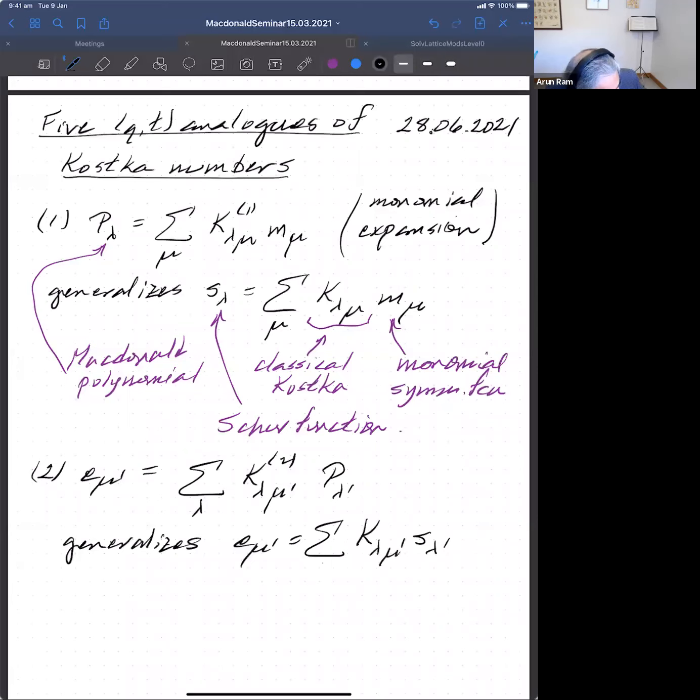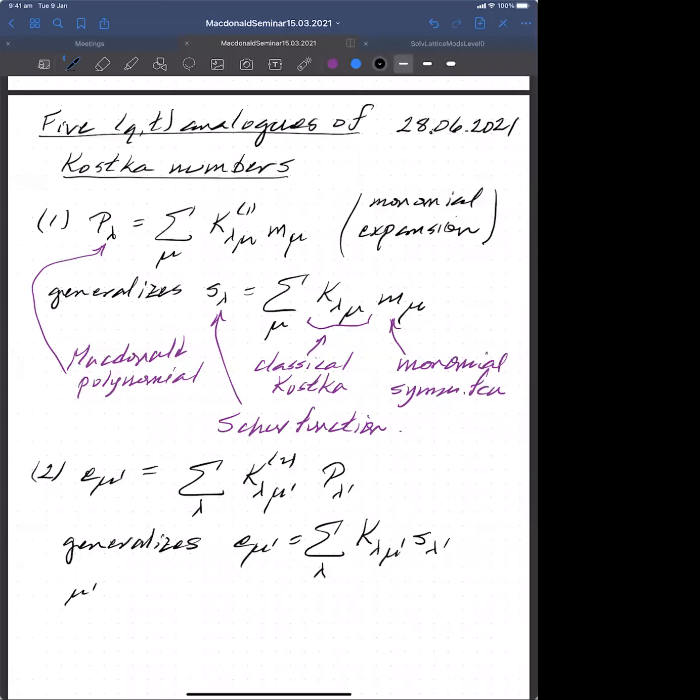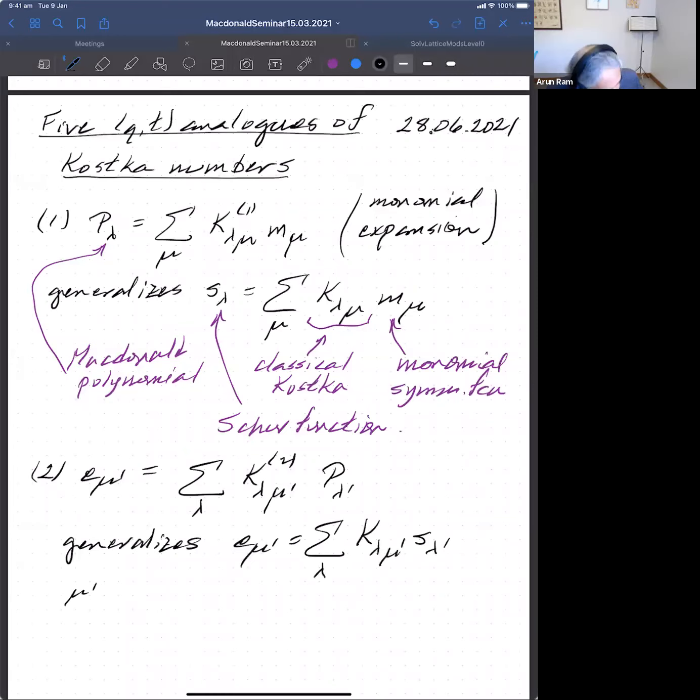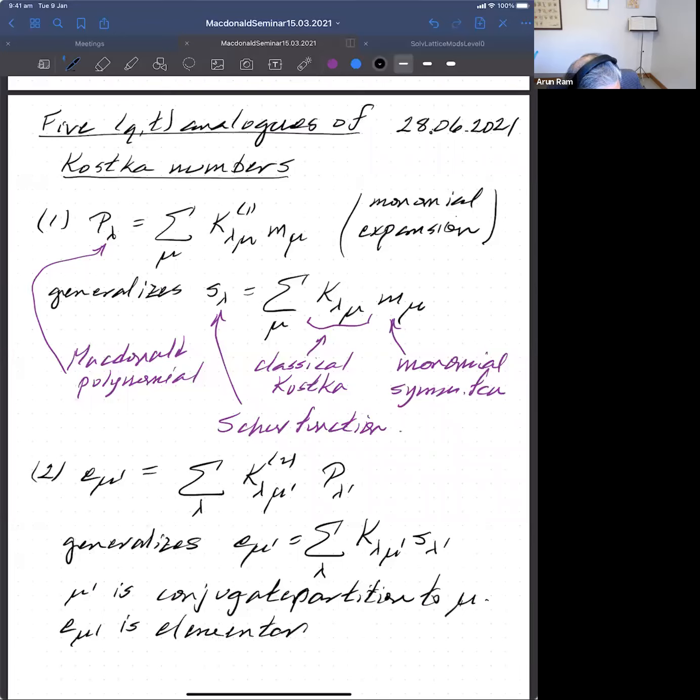So mu dash is the conjugate partition to mu. And E mu dash is the elementary symmetric function.